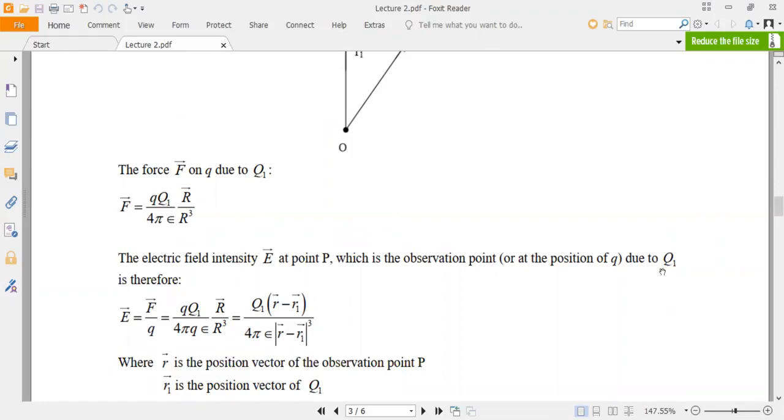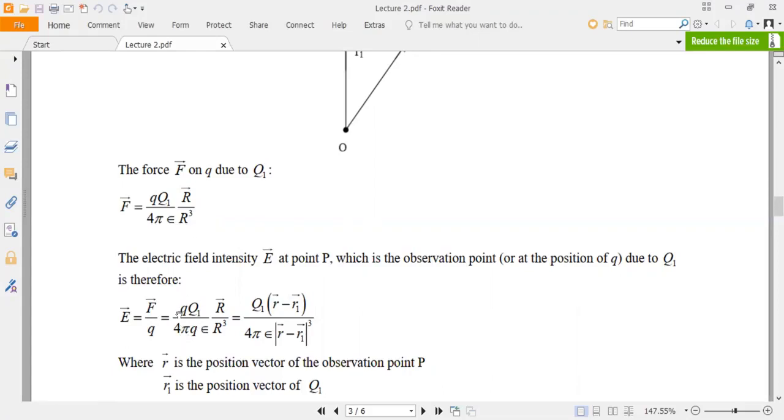due to the existing charge Q1 is given by E bar is the force at that point divided by the charge at that point. So the force is F bar. The charge, the test charge at that point P, is small q. So therefore it is F bar over q, and F bar we have already got here, substitute here.